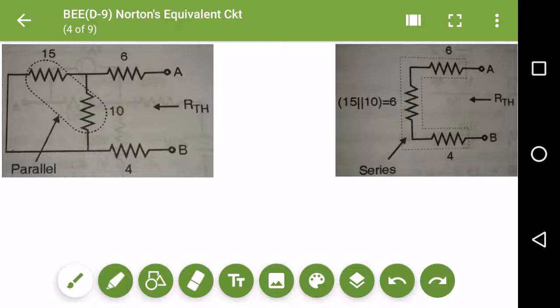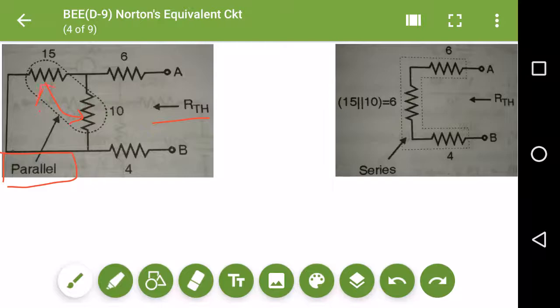Now we have to find the RTH value. We will try to reduce this circuit to one single resistance. I will take the parallel combination of these two resistances to merge them into one.